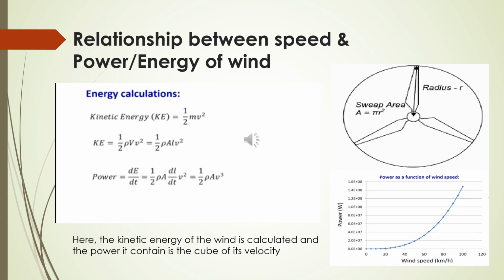We can also analyze the graph here between the power and the wind speed in km per hour. Here we can see as V, the wind speed, increases, the power also increases, and we know that the power varies with the cube of the velocity of the wind.